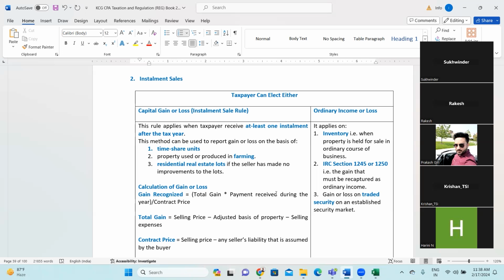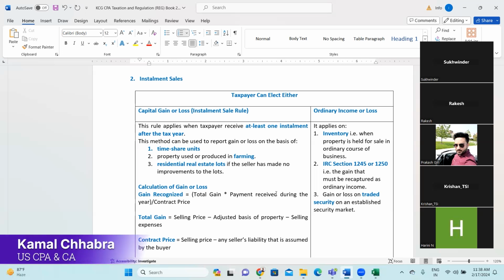Considering that, the IRS says you have an option: if you want to consider the sale as ordinary income, you can, or you can use the installment sales method. Some companies have tie-ups with some NBFC, and that NBFC takes the responsibility for collection of the EMI. In that scenario, they recognize their income upfront because they are receiving the full money.